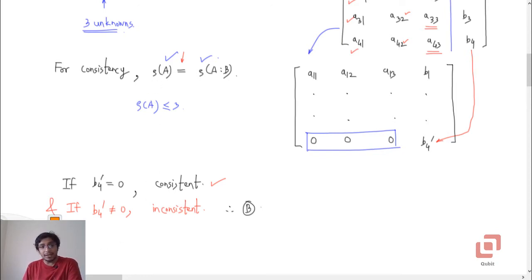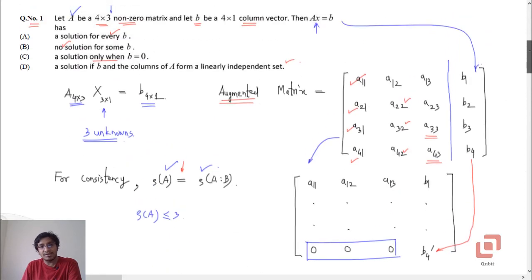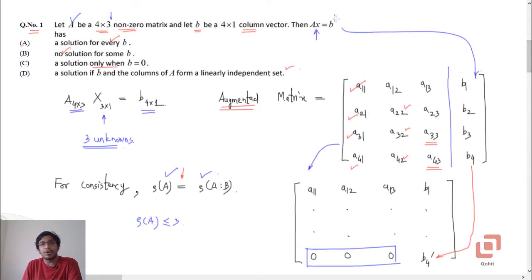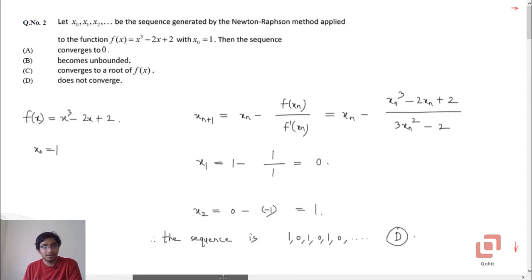Therefore, if B4 prime is not 0, the system will have no solution, or it will be inconsistent, which means there can be some column vectors B for which the system possesses no solution, hence option B.